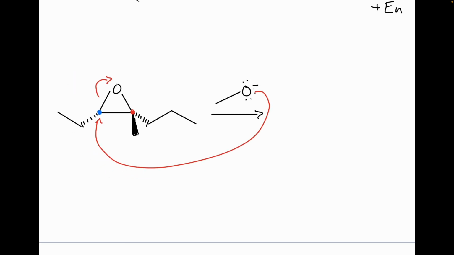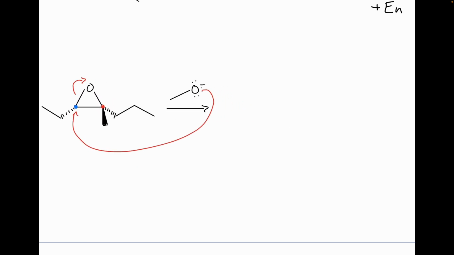So again, I'm going to start out with my sawhorse model here, so I'm going to have my red and my blue carbons. The alcohol group from my epoxide is still on that red carbon. I still got my methyl group pointed out at me. I still have that propyl group pointed into the page.